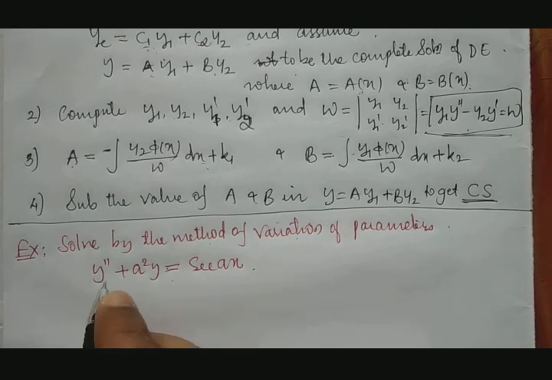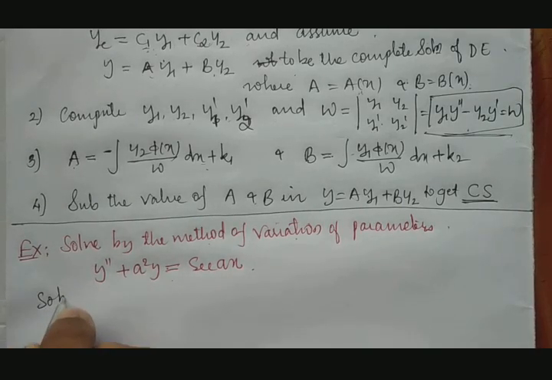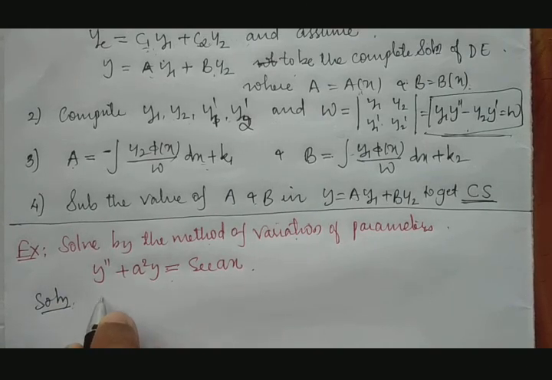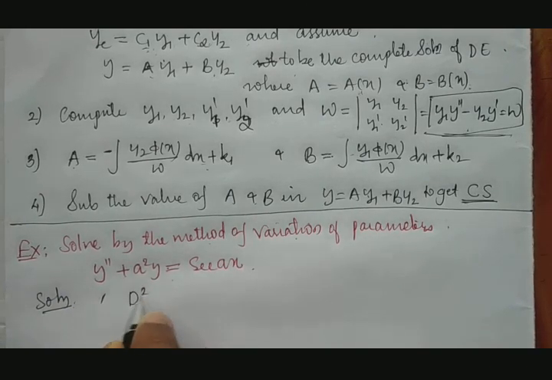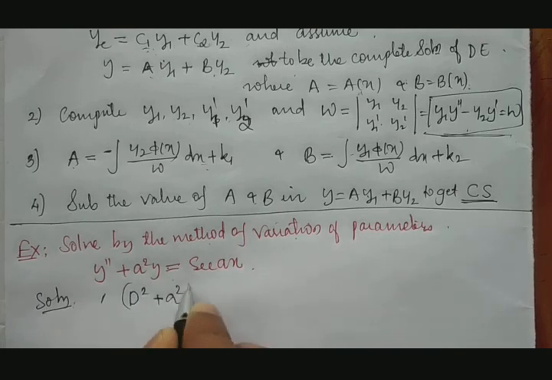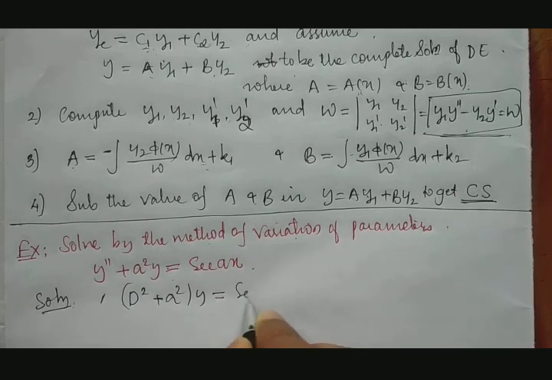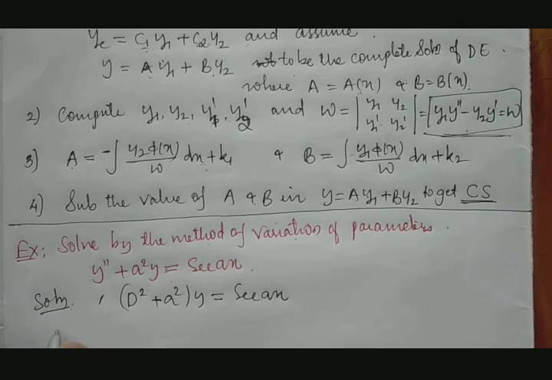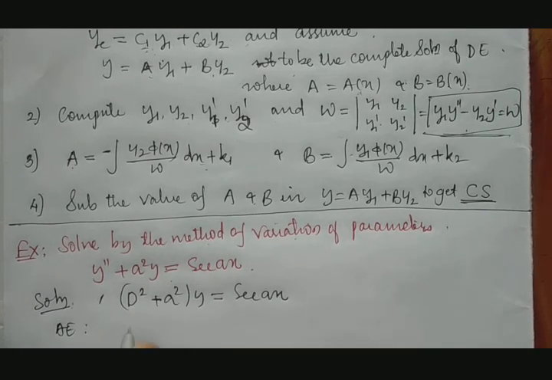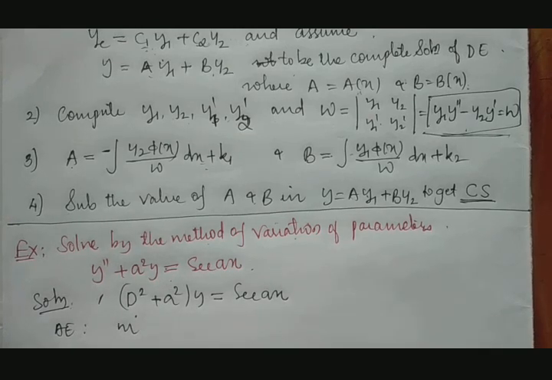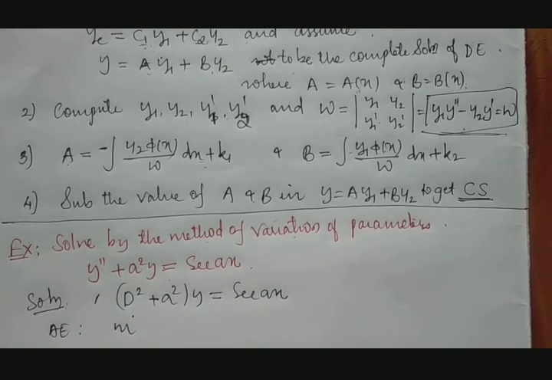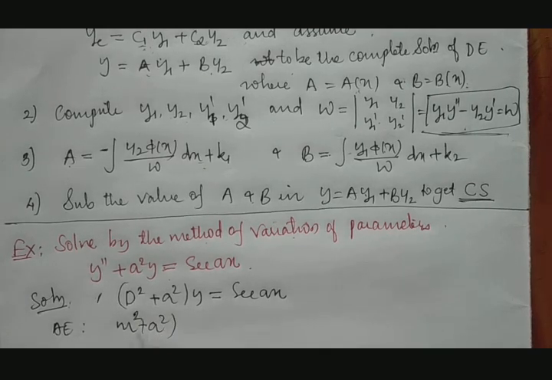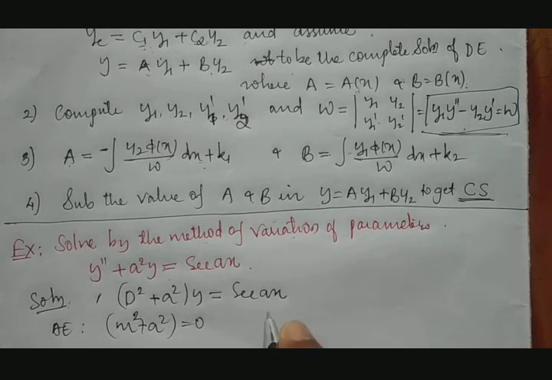First let us write this equation as (D square plus a square) y is equal to sec ax. Then let us take the auxiliary equation. The auxiliary equation is m square plus a square equal to 0.